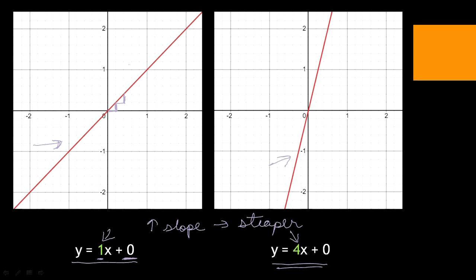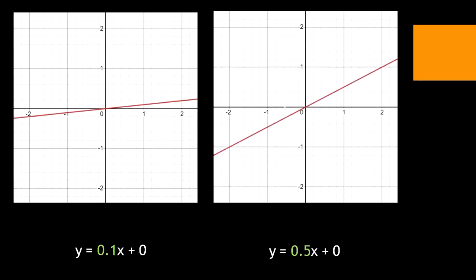So you can imagine a person on this graph who's walking in this direction, and a person on this graph, and you can clearly see who is going up a steeper mountain. So essentially you can look at this graph as a mountain, and the value of m really tells us how steep this mountain is. If I look at more examples, a fractional m really means that this slope is really low, it's lower than 1, so the graph is not really that steep.